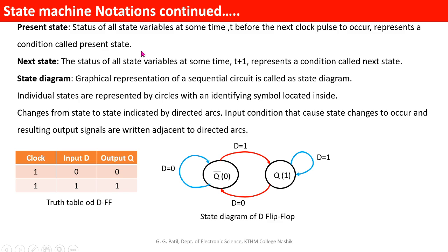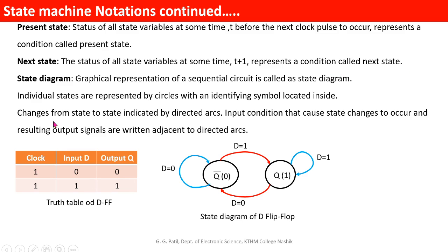In short, we can say the status of the state variable or the memory before the application of the clock pulse is nothing but the present state of the memory or the machine. The next state is what? The status of all state variables at some time t plus 1, after the application of the clock signal, represents a condition called the next state.